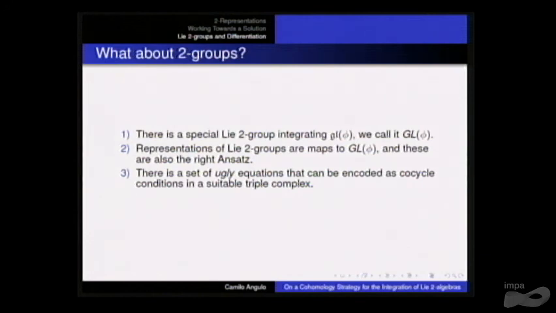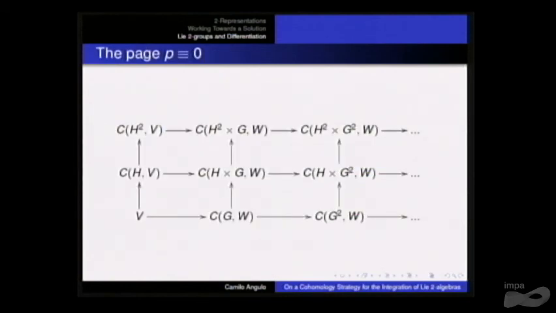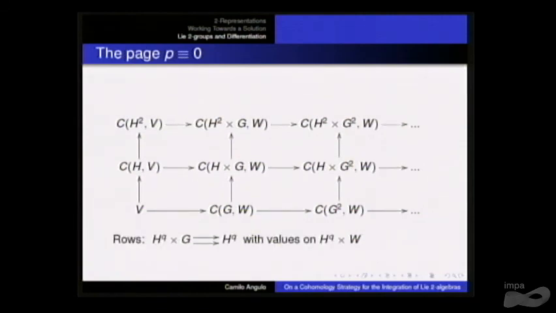And they fit in a suitable triple complex, which is interesting because this is the page for the triple complex of a Lie 2-group. It comes with the group cohomology of the base and the group cohomology of the core, and in each of these directions, on the rows you've got Lie group bundles.